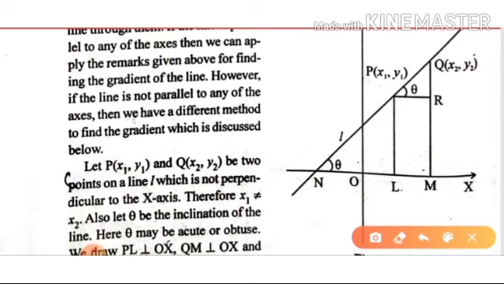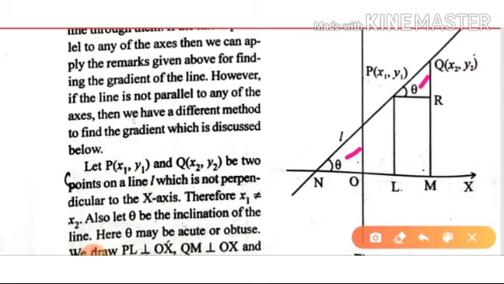Those written things you can write by yourself. Now you see this and this line is parallel, so this angle and this angle are equal. Corresponding angles, where this is the transversal. So this angle and this angle are equal, that is theta.